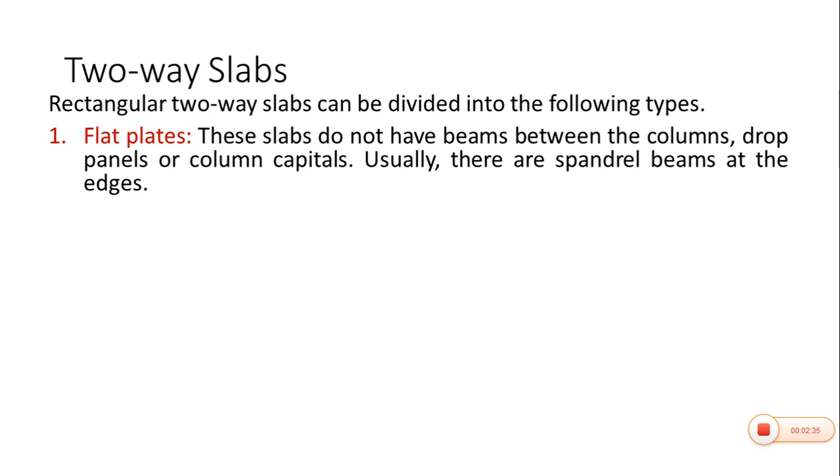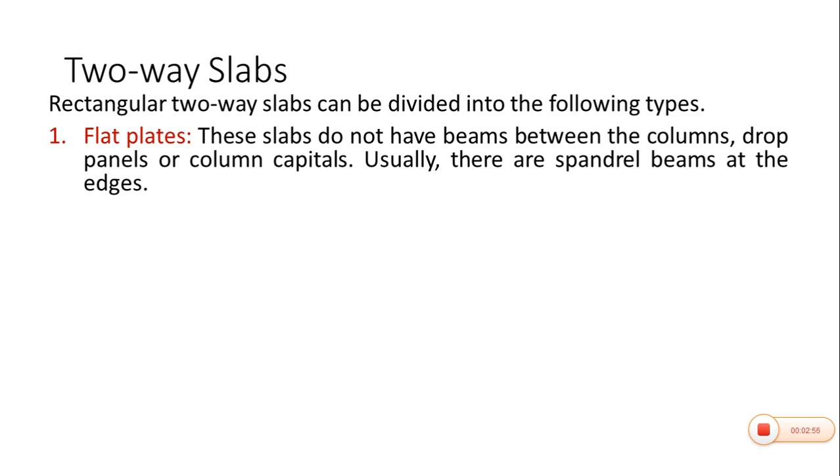For RCC we referred to IS 456, and here for prestressing we are going to use both IS 456 as well as IS 1343. So the first type of two-way slab using prestressed techniques we can call flat plates.